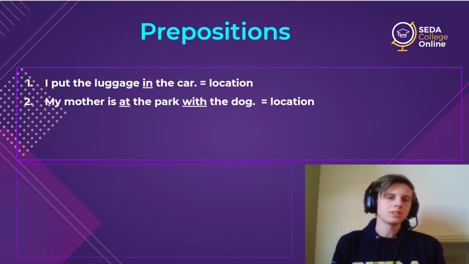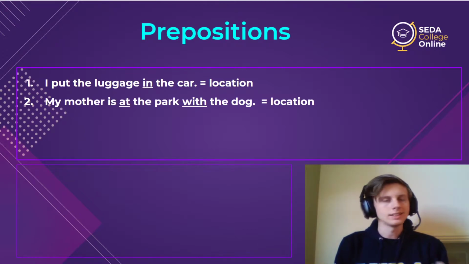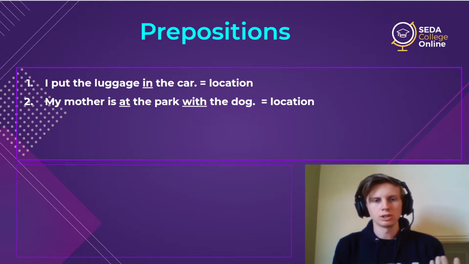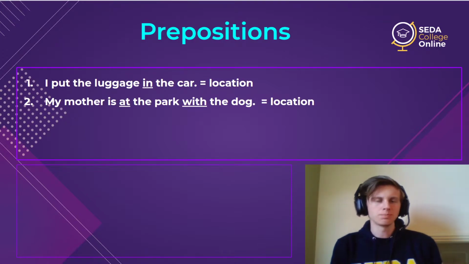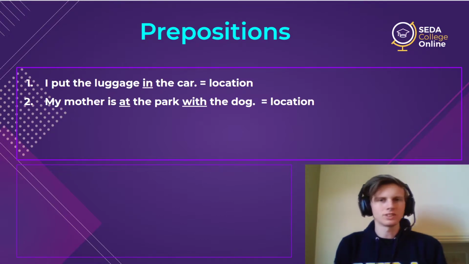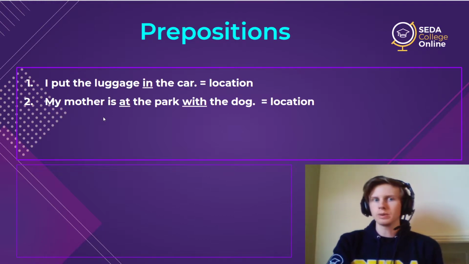Or my mother's at the park with the dog. And so now, again, we have another preposition for location, a different type of location. I'm sure many of you have questions. What's the difference between in and at? And we can save that for a different lesson. It would be a lot. But you can see now we have more nouns. So I want in this sentence to show the relationship between three: my mother, the park, the dog.